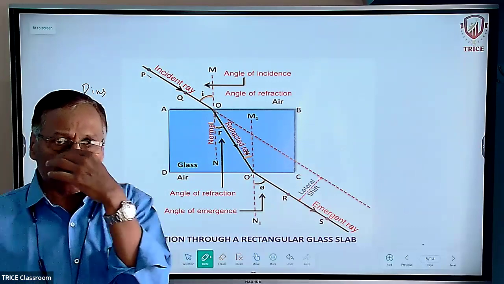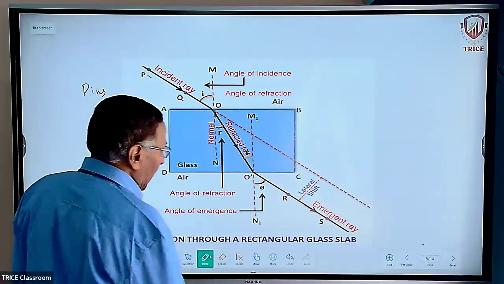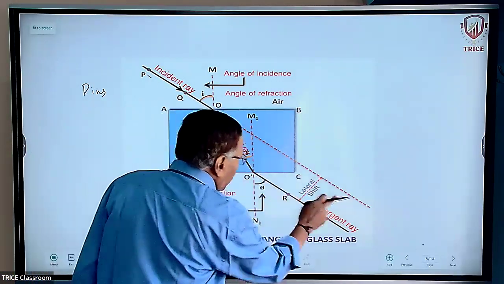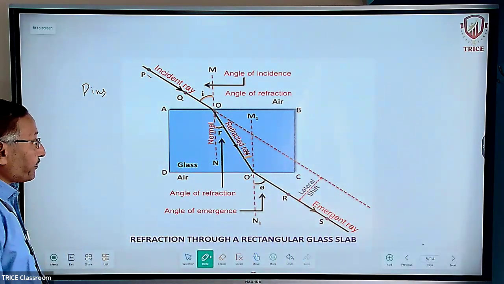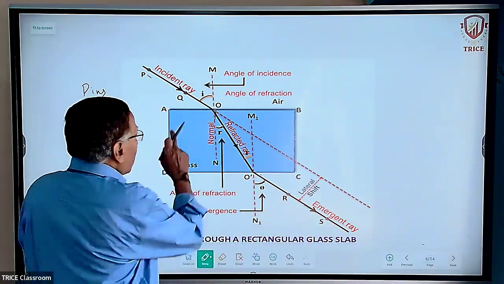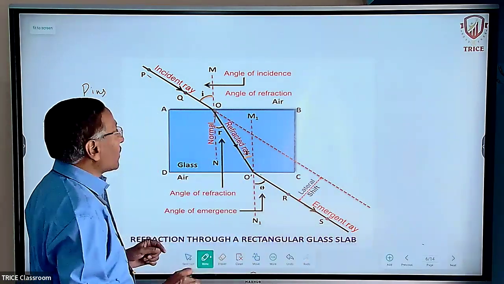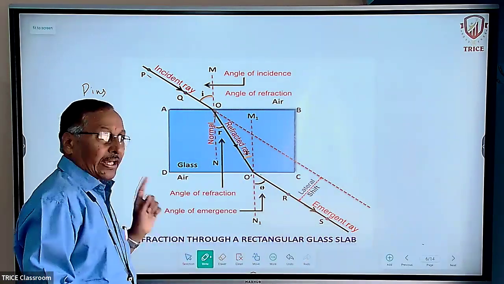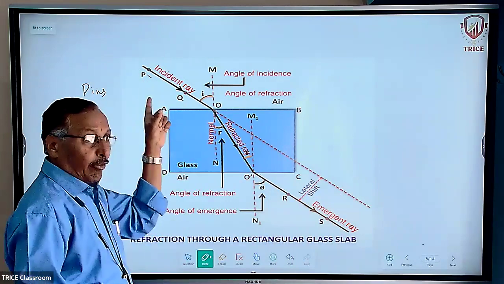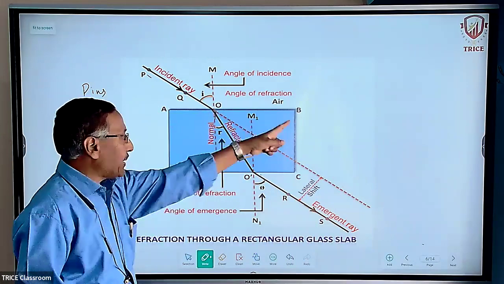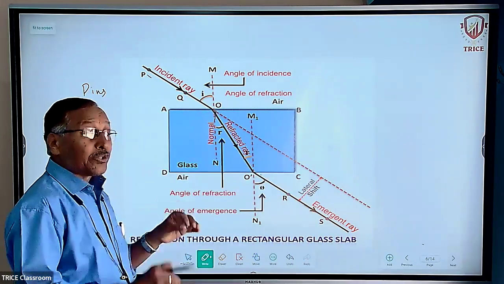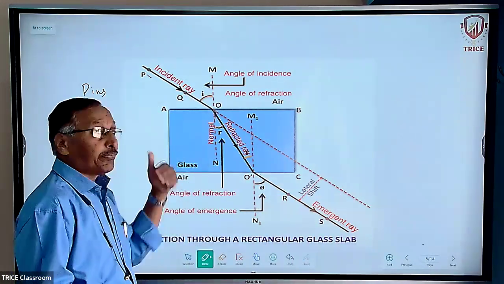Why does it happen? Why is the emergent ray found to be parallel to the incident ray? Because of one reason. There are two interfaces, air-glass and glass-air.